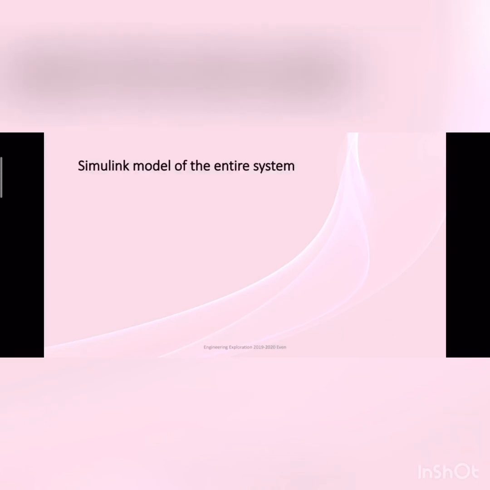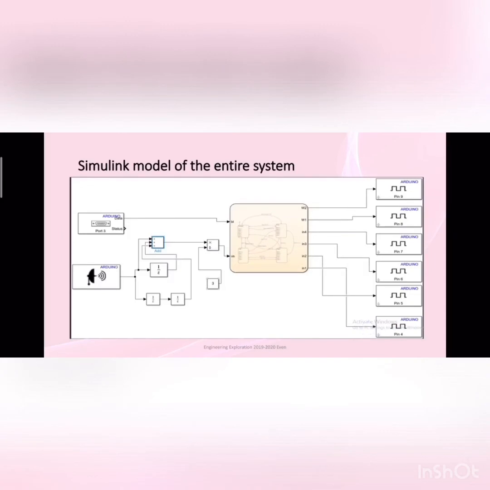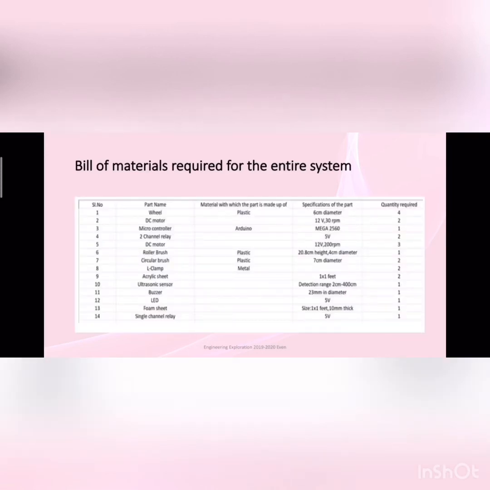Next we have the Simulink model of the entire system. Here you can see the picture of Simulink model. Next we have the list of bill of materials required for the entire system. It consists of so many parts, and specifications of those parts are displayed in this picture.